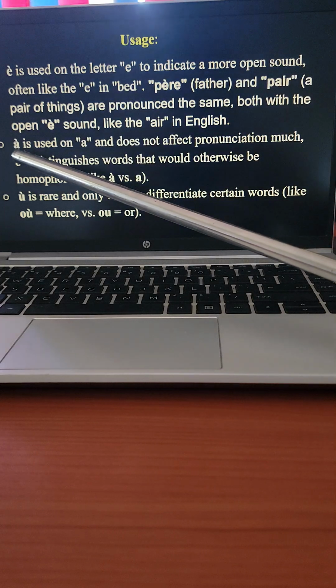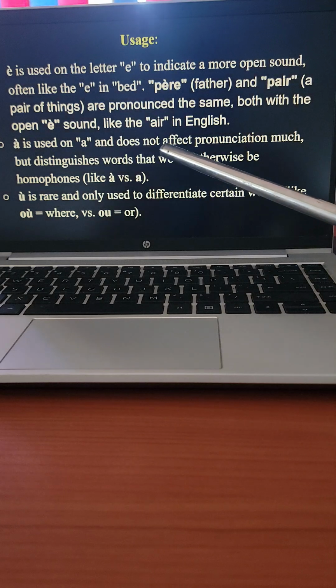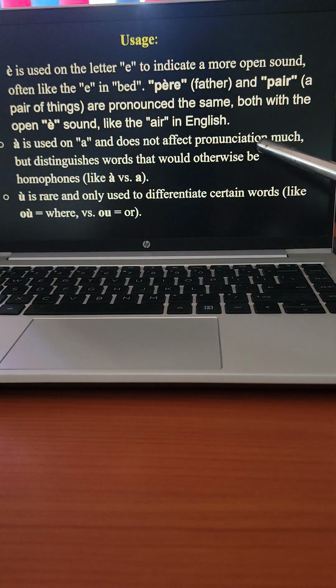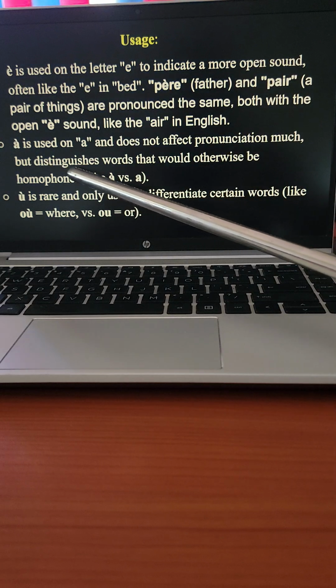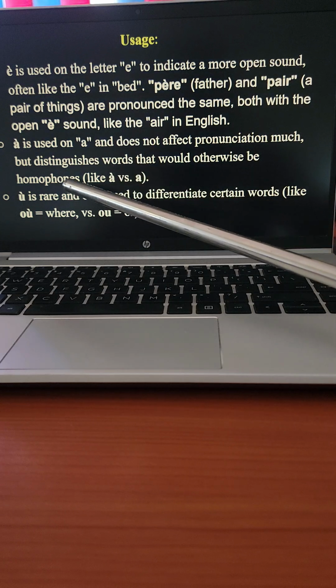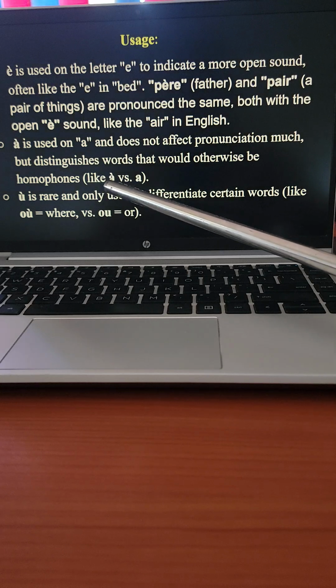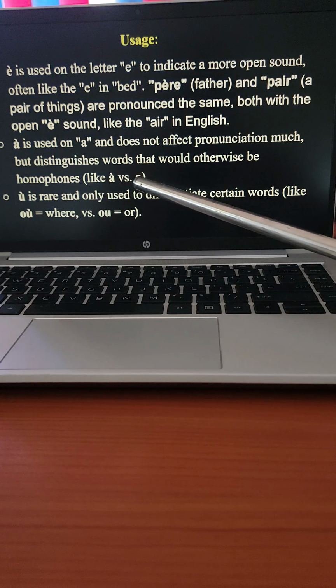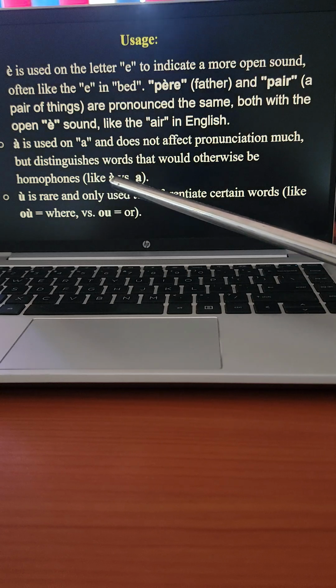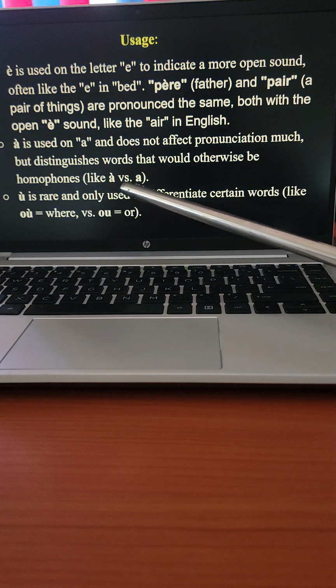On the A, it is used and does not affect pronunciation much, but distinguishes words that would otherwise be homophones. You see, like a and à, these two are homophones. When you are saying them, they sound alike or similar.